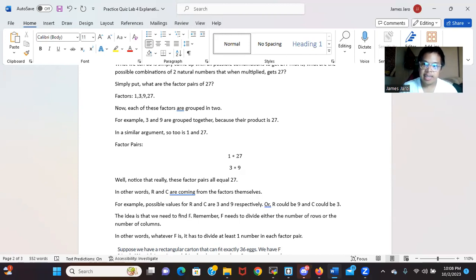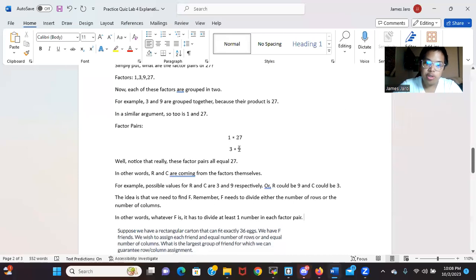Because we don't know what R and C are, F should take essentially every possibility into consideration. So no matter what, F needs to divide one of these two numbers here, and at least one of these numbers here. And so the question is, what is the highest number I can push F to get that behavior?